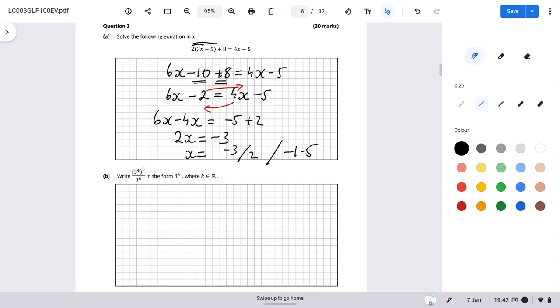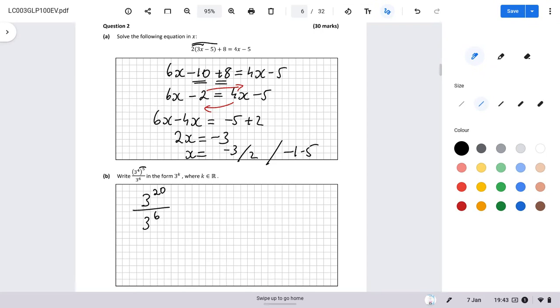This thing, right? 3 to the power of 4, to the power of 5, over 3 to the power of 6, in the form 3 to the power of k. A lot to be said there. Now, there's rules of indices in your formula book, and once we have a power to a power, we multiply. So 4 times 5 is 20, over 3 to the power of 6.